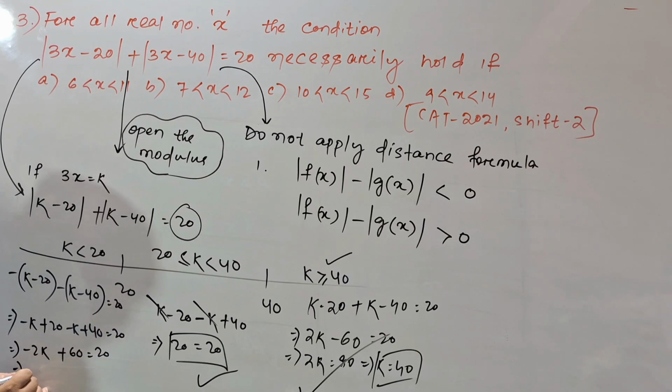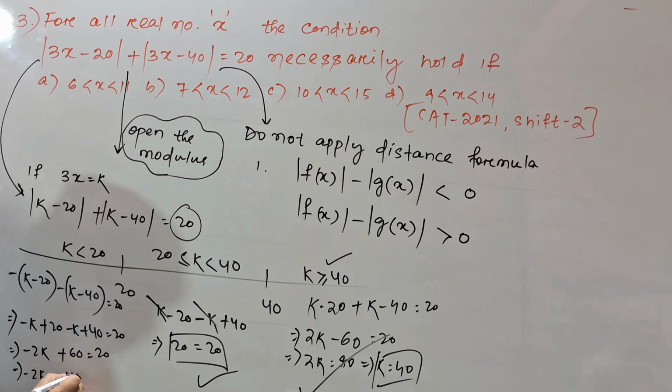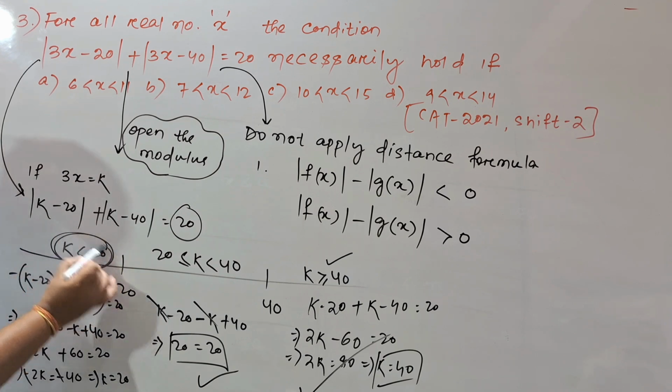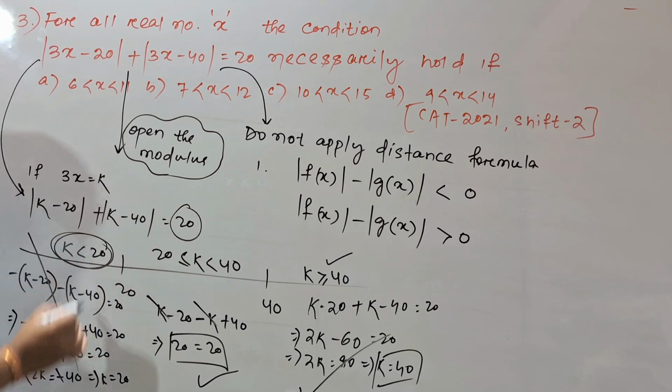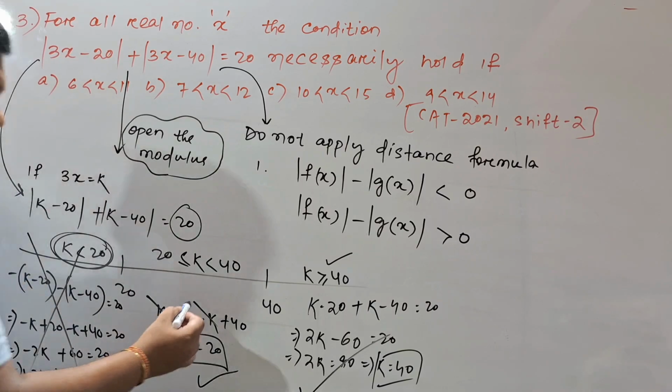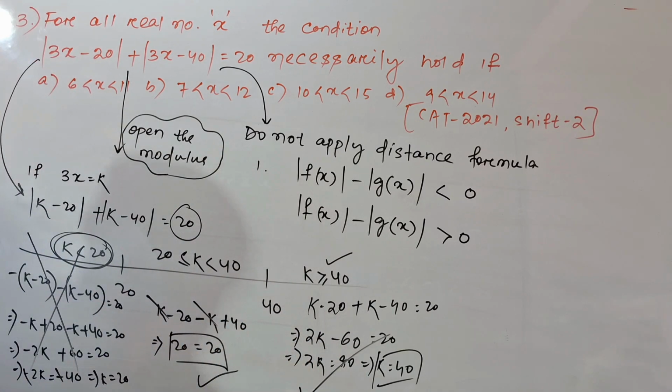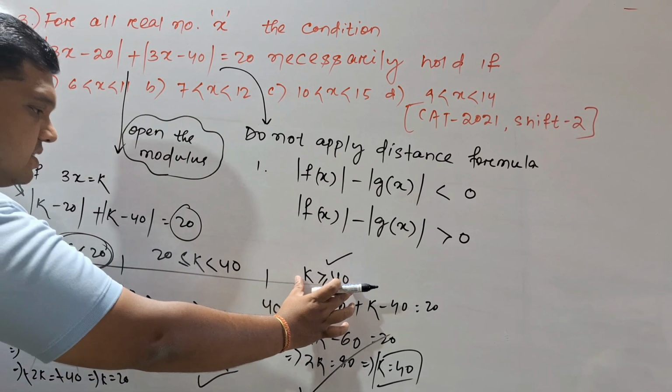So minus 2k is equal to minus 40, minus minus get cancelled, so k is equal to 20. Here I consider this region k less than 20, but I will get k equal to 20. Don't consider this one.